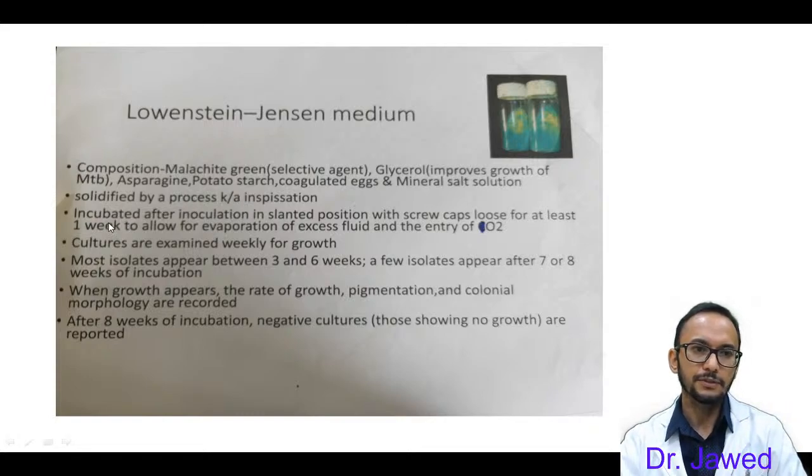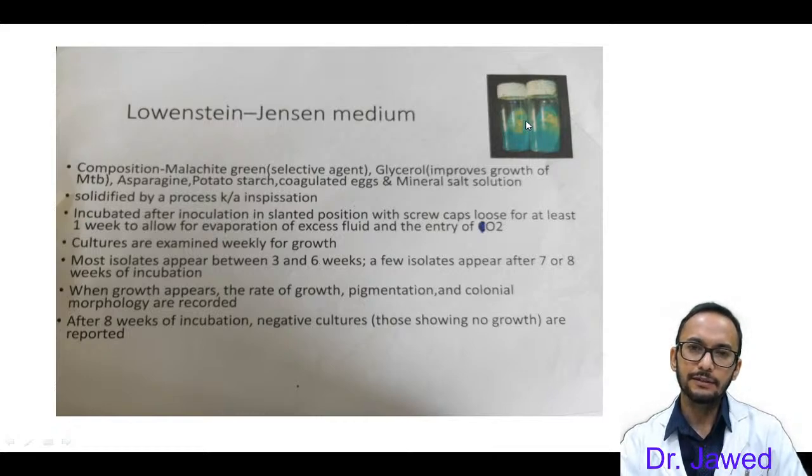After inoculation it is incubated in a slanted position with screw caps loose for at least 1 week for evaporation of excess fluid and entry of oxygen. Cultures are examined weekly for growth, and we keep them for at least 6 to 8 weeks before we say the organism is negative.